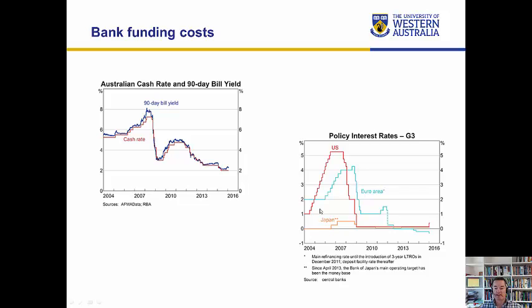Unlike long-term interest rates, the cash rates, or the short-term interest rates, the policy interest rates they're sometimes called, are not highly correlated across countries, because these interest rates are being moved up and down at the discretion of the central bank in each of these countries in response to domestic macroeconomic conditions.